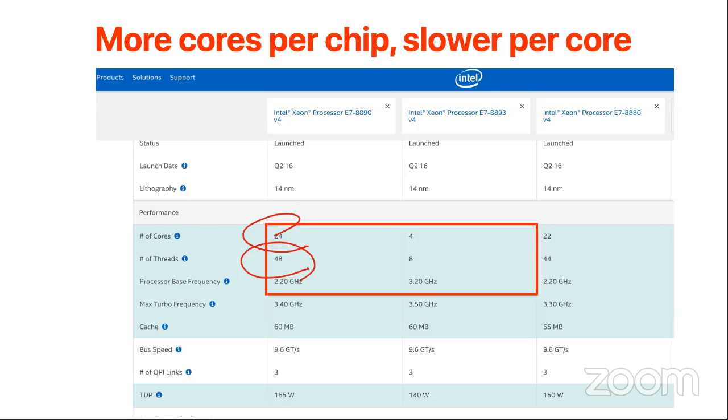Another thing you can see is that for processors with more cores, the frequency is actually lower. These processors are all at the same technology, 40 nanometer, and they all launched at the same date, so they are the same generation.